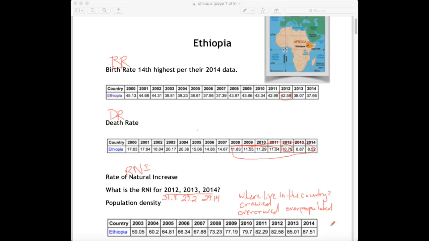But the numbers do tell us generally that it's a fairly densely populated country, right? If you had a square box, 1 kilometer square each way, 87 people would be in this box. So you'd have to fit 87 people in that square kilometer. That's a lot of people.